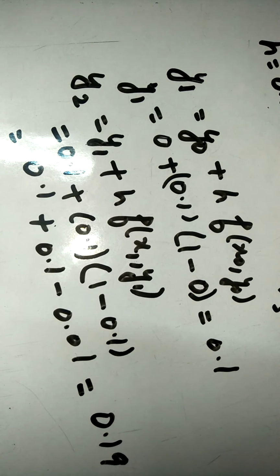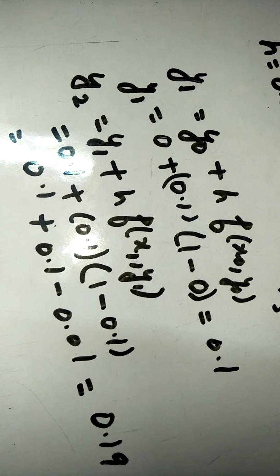So in this way we get y2. Next we find y3. Here again we apply the Euler's formula: y3 equals y2 plus h f of x2 comma y2. We know that y2 is 0.19, plus h, that means 0.1.